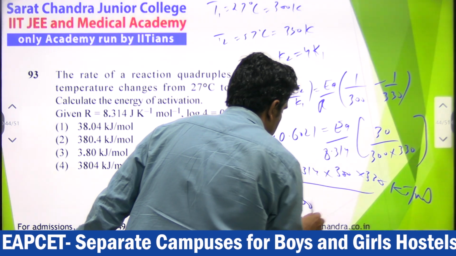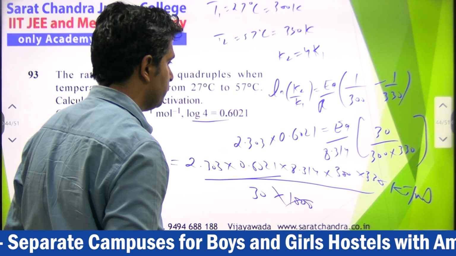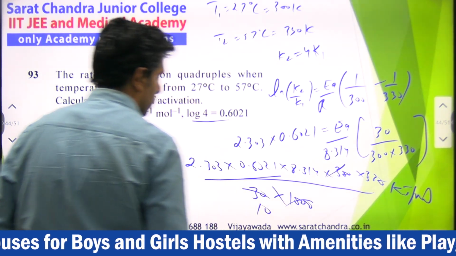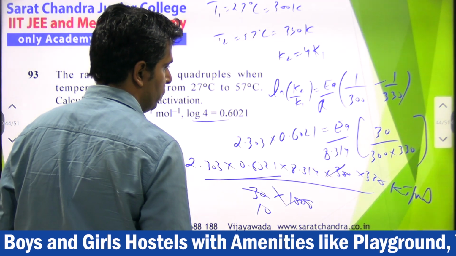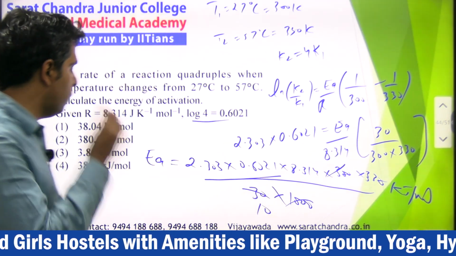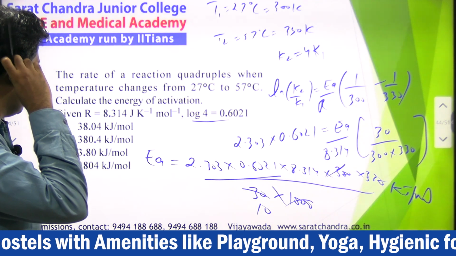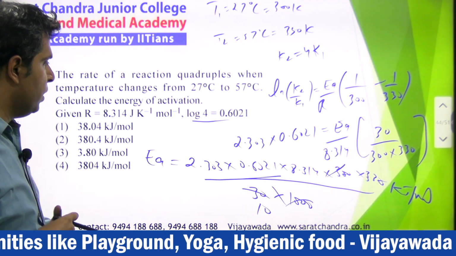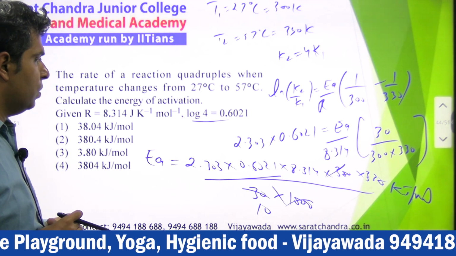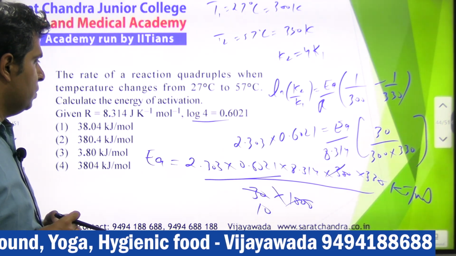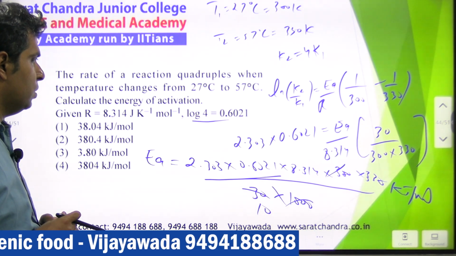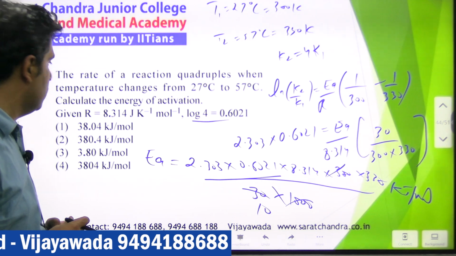So 3 zeros gone, and 3 tens are left. Now you have to find out this value. 33 into 8.314, so this will come out to be approximately 330 (no, less than 330).